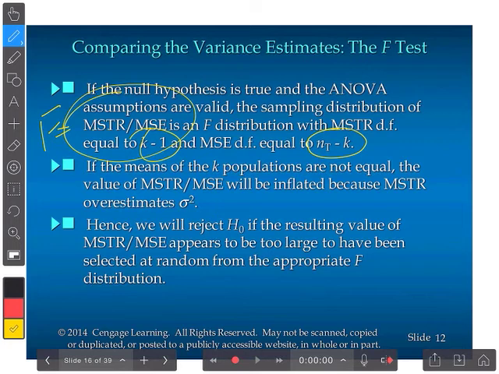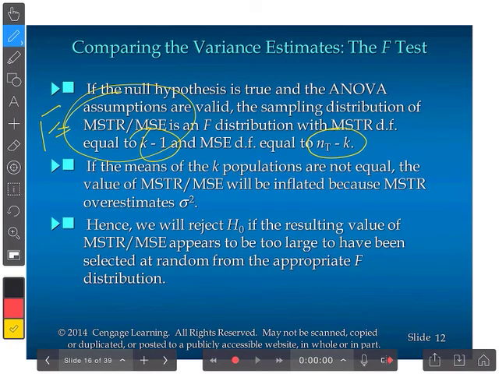So now we have what we call a test statistic for doing an analysis of variance. Remember, if H0 is true, then the 2 estimates of sigma should be close. But if H0 is not true, the 2 estimates will not be close, and typically MSTR will be larger. Why?